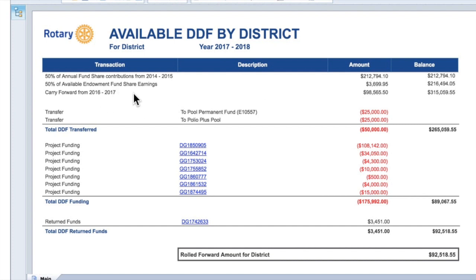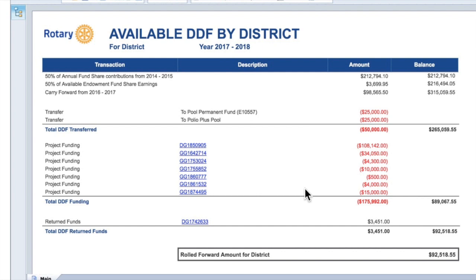You also have 50% of any earnings that were made off of endowment monies. This district is getting nearly 3,700 there in this year, and then any carry forward from the prior Rotary year, so the 16 and 17 in this case, nearly $100,000 rolled over. So their beginning balance was a little over 315,000.